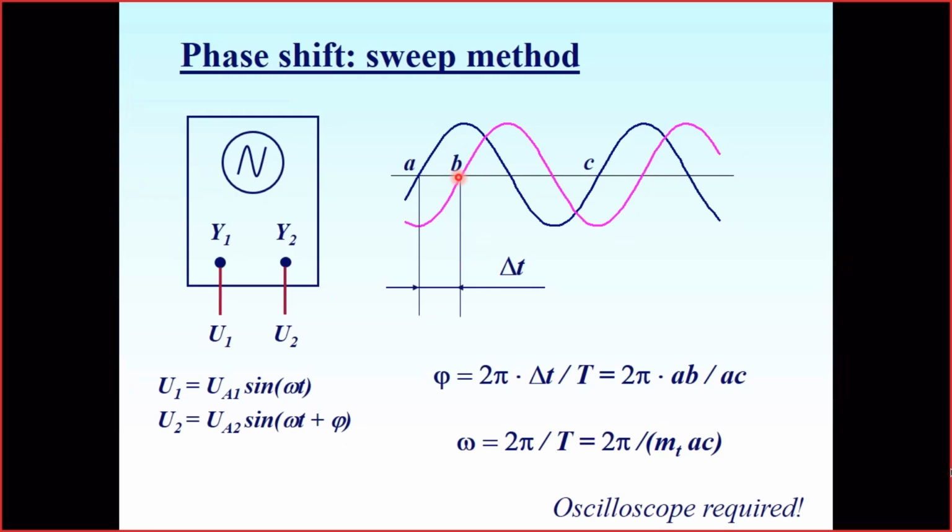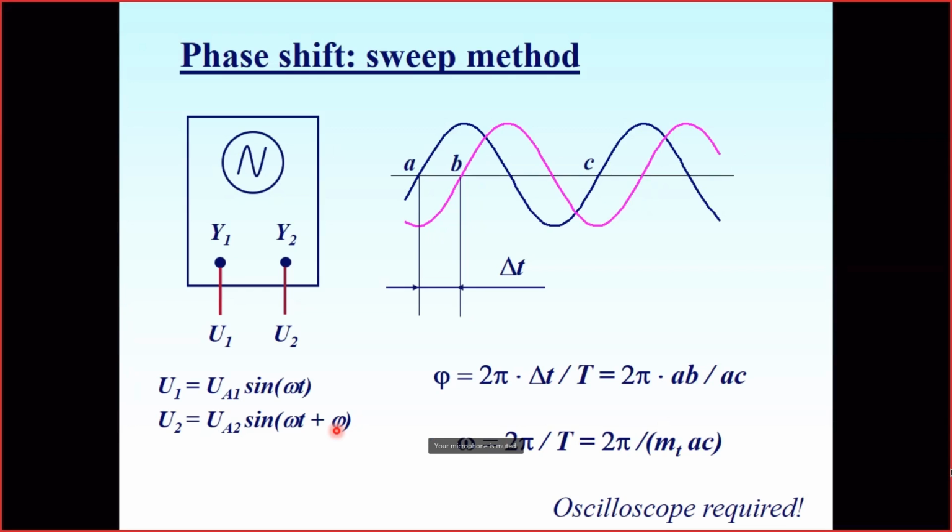If phi is positive, we say that the signal starts earlier. The positively shifted signal will already proceed earlier than the reference one, and with a negative shift it is delayed a little bit. So the phase delay corresponds to the negative phase shift.